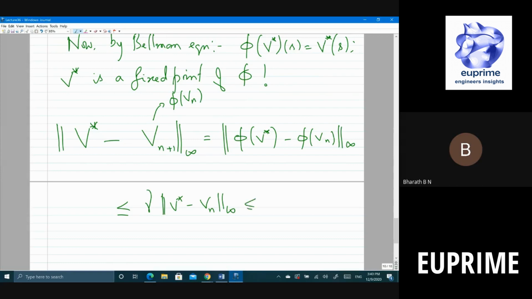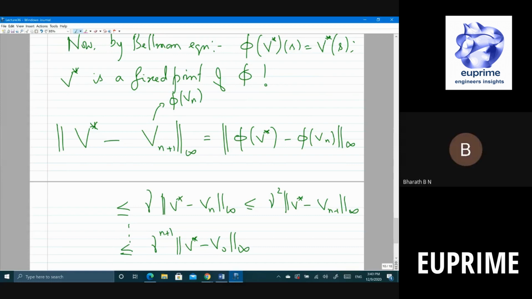Again, I can do nu square times v star minus vn minus 1 infinity. If you do this enough number of times, you get nu to the n plus 1 times v star minus v0 infinity norm. Do you agree?